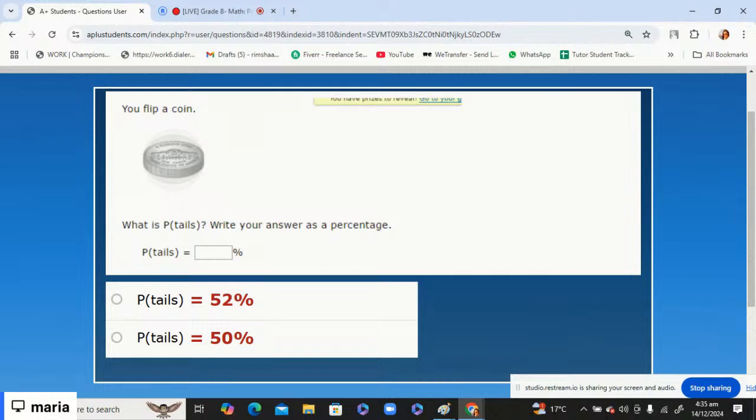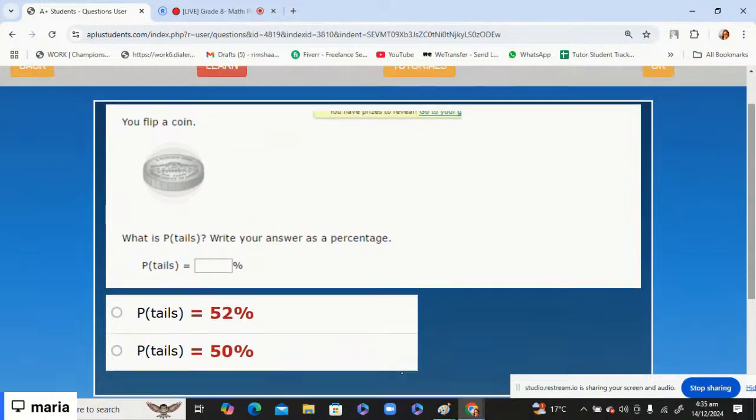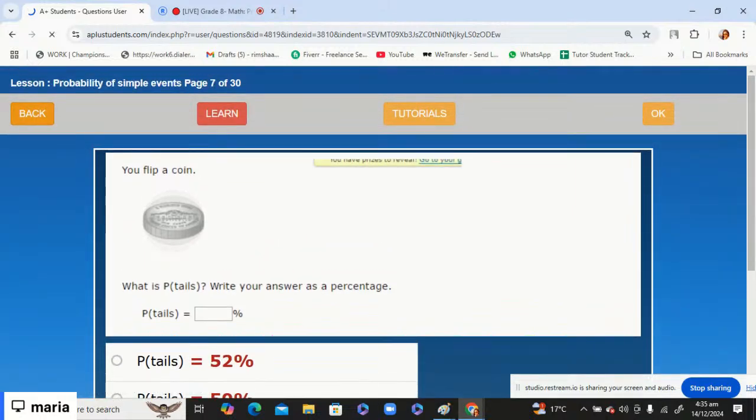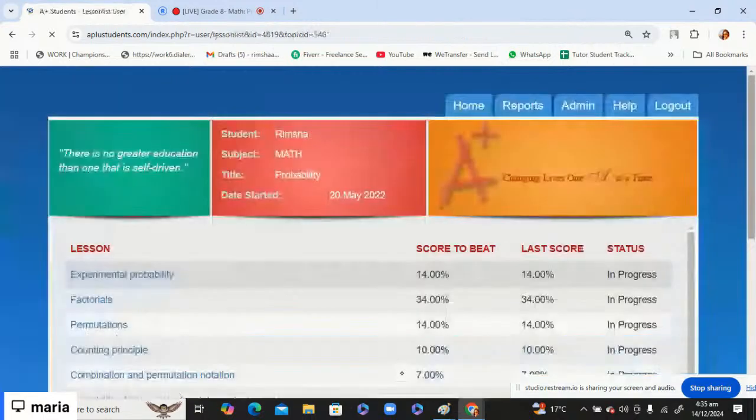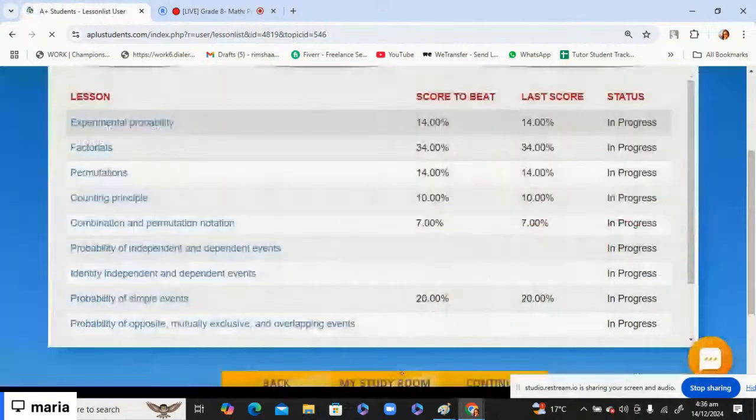It is 50% chance of tails and 50% chance of heads. So we can say there are equal chances. Okay, hope you guys understand this lesson as well. Practice the rest of the test questions by yourself. First go through the lesson and then go to the test.